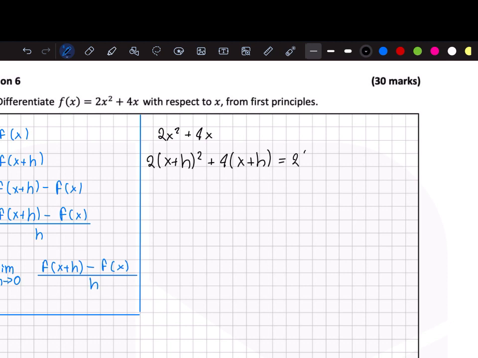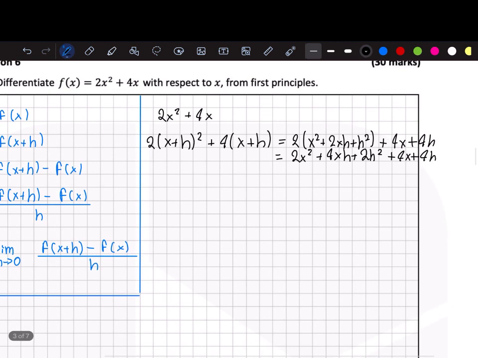So it's going to be 2x squared plus 2xh plus h squared, and then we need to add on 4 times x is 4x, and then 4 times h is 4h. So we multiply that out, we're going to get 2x squared plus 4xh plus 2h squared plus 4x plus 4h.